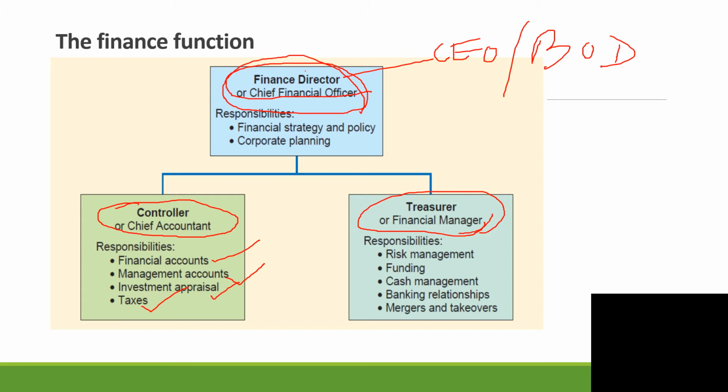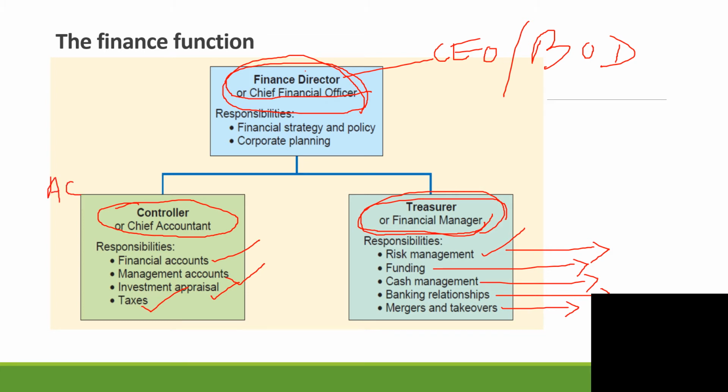The finance manager or the treasurer is more concerned with managing risk related to projects, funding decisions, management of cash, relationship with bankers, merger and takeover decisions, etc. So this is basically an accounting function. This is basically the primary finance function. Both the controller and the treasurer report to the finance director, who reports to the CEO and the board of directors.